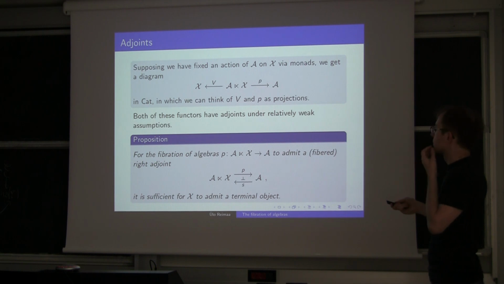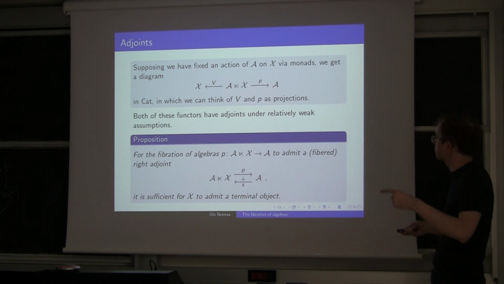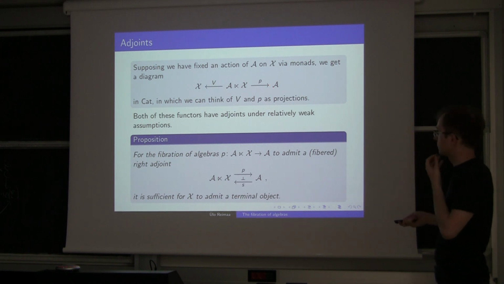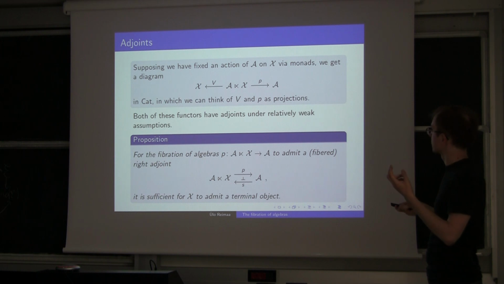algebras. Well, if we are, let's say, in the context of the semidirect product of groups, then this P should have a splitting. And it turns out that our functors, actually both P and V, will have kind of splittings, or at least adjoints, under very mild assumptions.